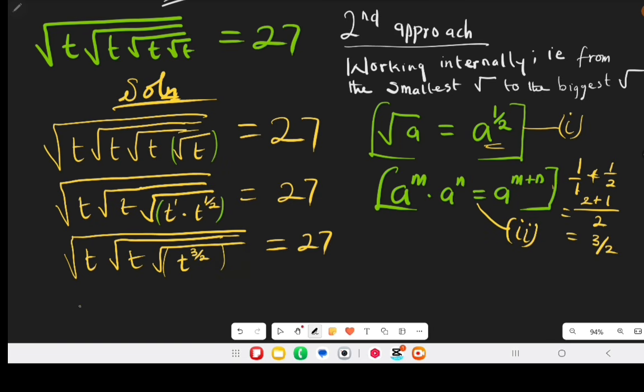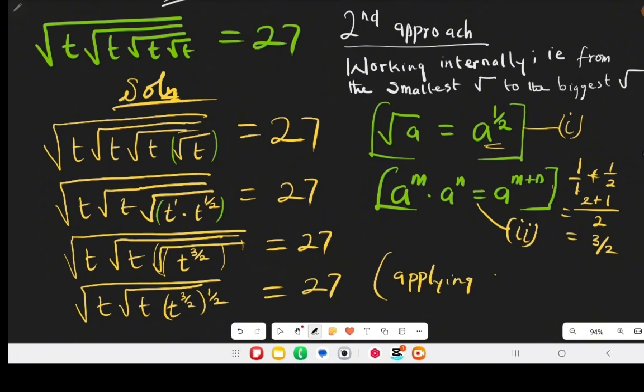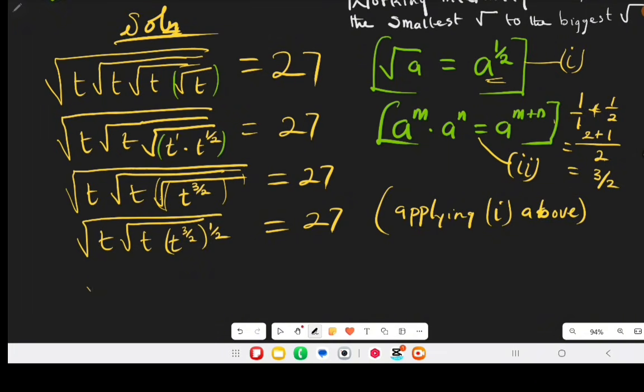So we are going to have root of t equal to, removing these square roots, t raised to the power of 3 over 2, raised to the power of 1 over 2, equals 27. Applying I above. Then we continue. We have root of t into root of t times, we multiply the power.